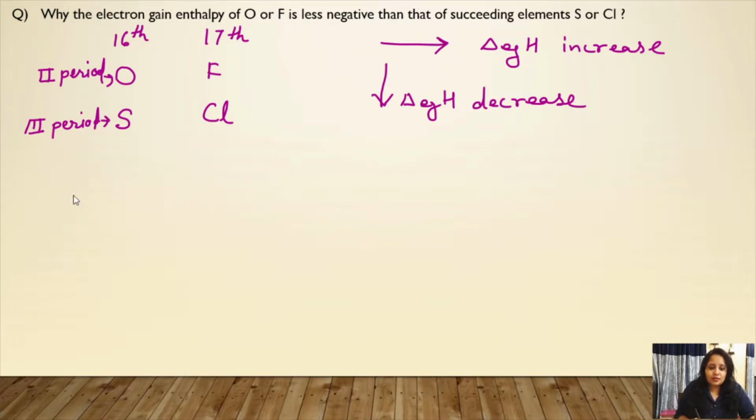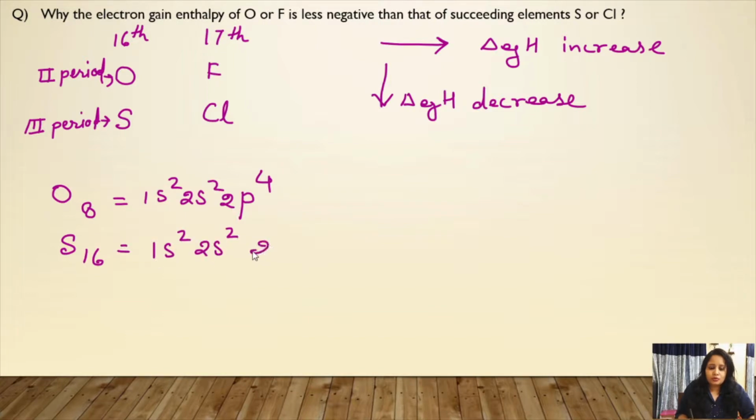Let's write the configuration of, first of all, oxygen having 8 electrons. So 1s2, 2s2, 2p4. For sulfur, it has 16 electrons. So 1s2, 2s2, 2p6, 3s2 and 3p4.